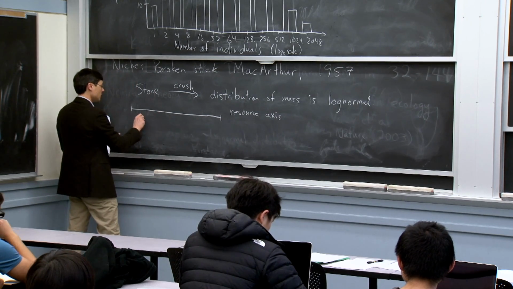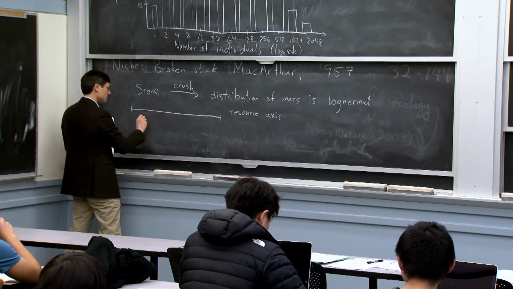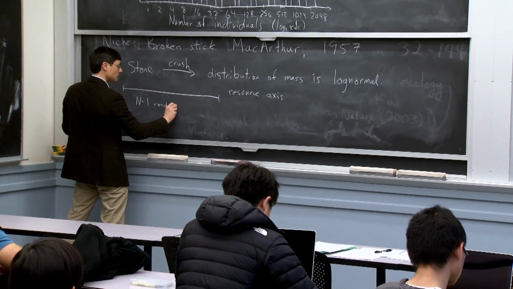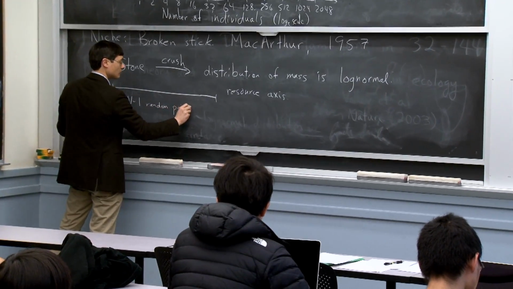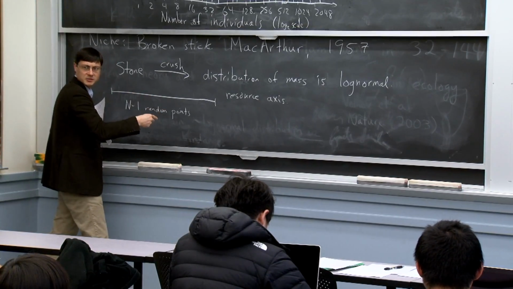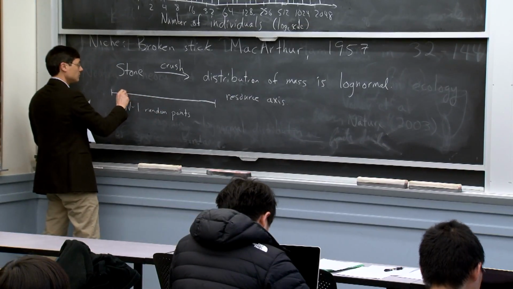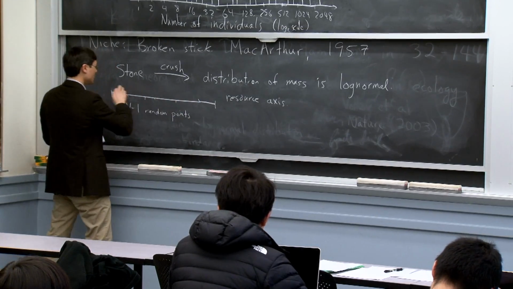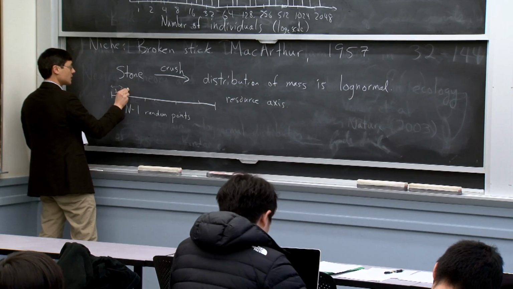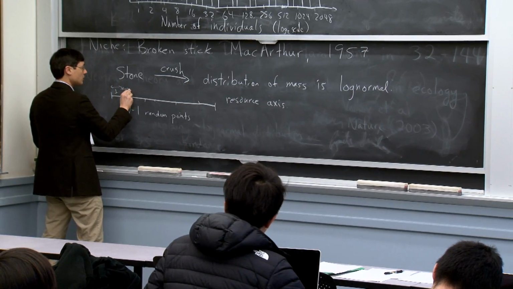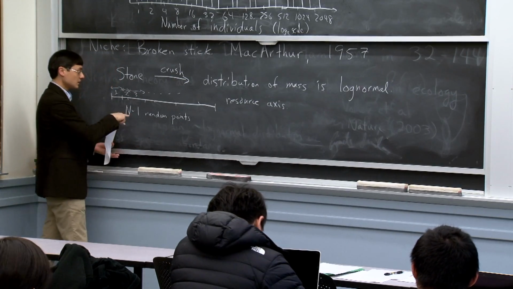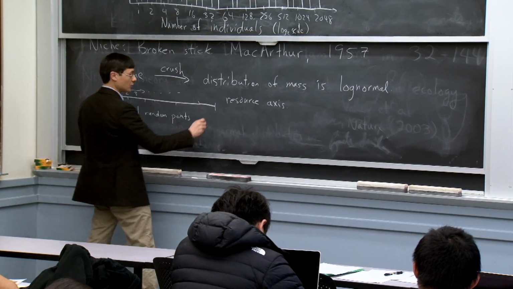So we'll say n-1 random points. Do you understand what I mean? You sample uniformly once, sample uniformly twice. You do that n-1 times, and now you have n. Then we say the first species has this many individuals, the second has this one, the third has this one, etc. The question is, does random points lead to a log normal?